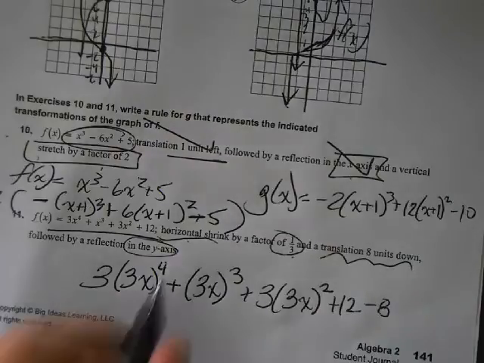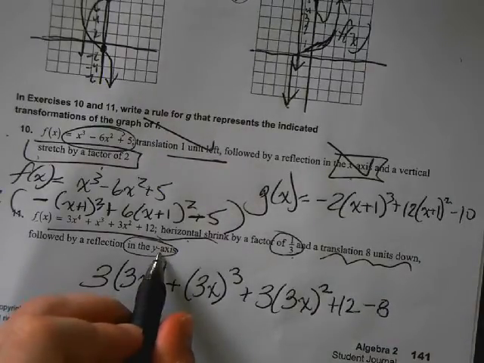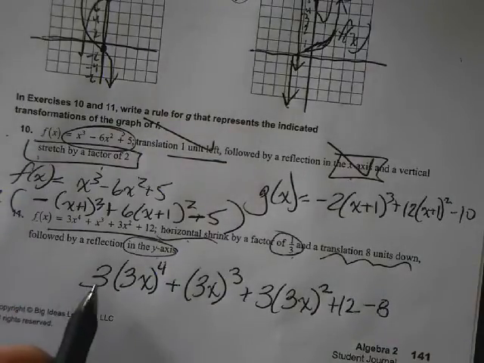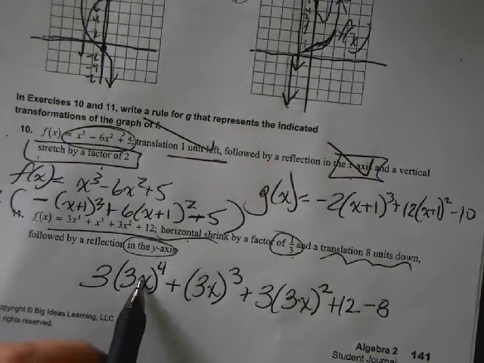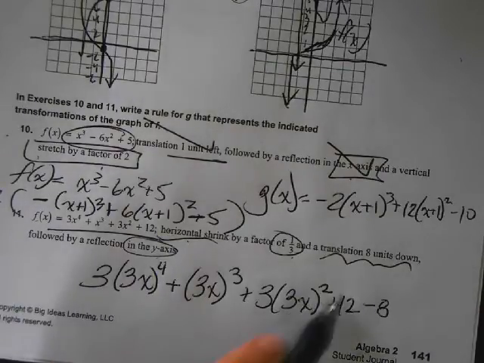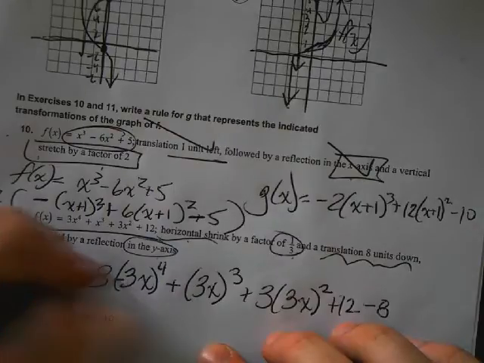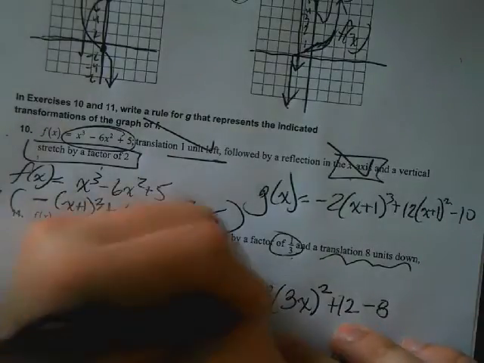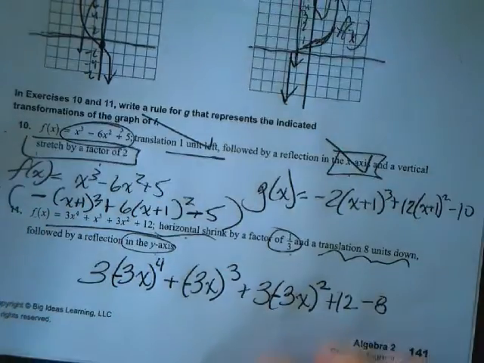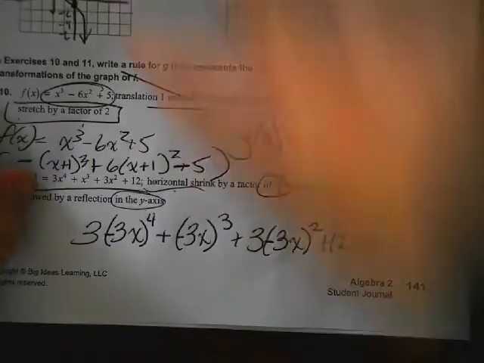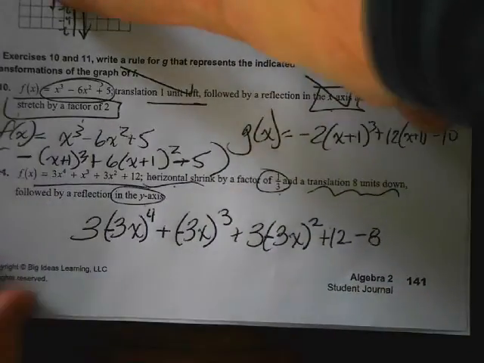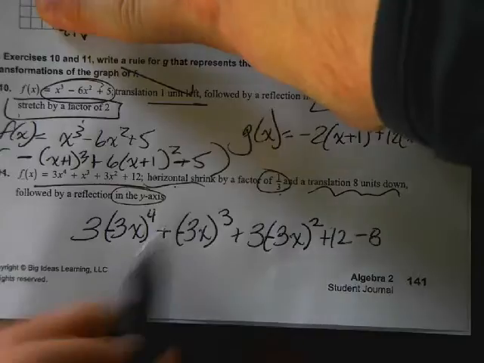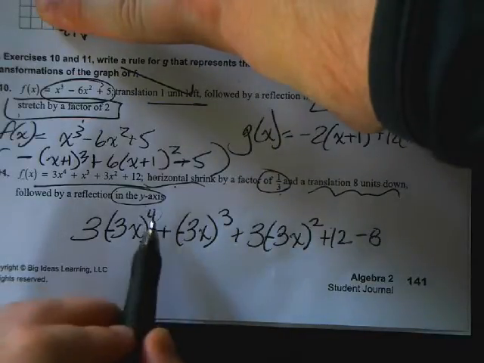And then we need to do a reflection in the y-axis. So that means that this inside will turn negative. And now we're ready to expand and solve. Or at least combine our terms here. Okay. So this is something to the 4th power.